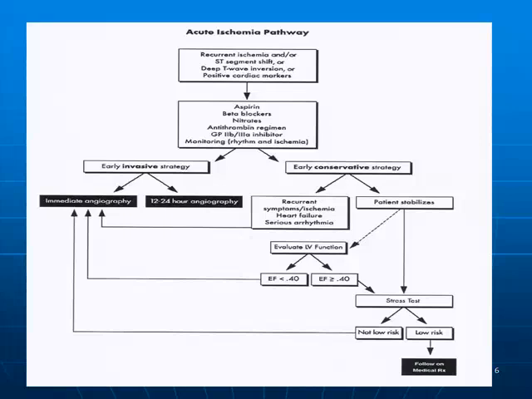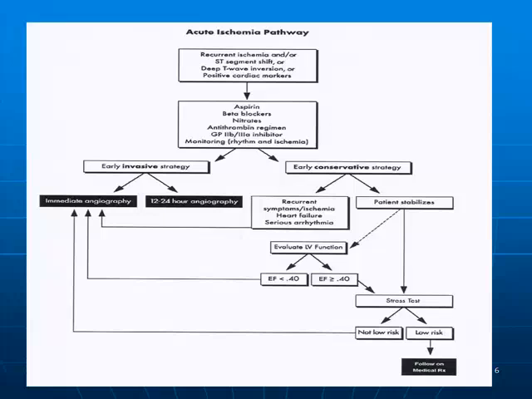And in fact, the suggestion in this algorithm is that for the very low-risk patient, you can use an early conservative strategy. You treat the patient medically, and then you wait and see, do they have recurrent symptoms? You look at their left ventricular function, do an echo. You may end up doing a stress test.